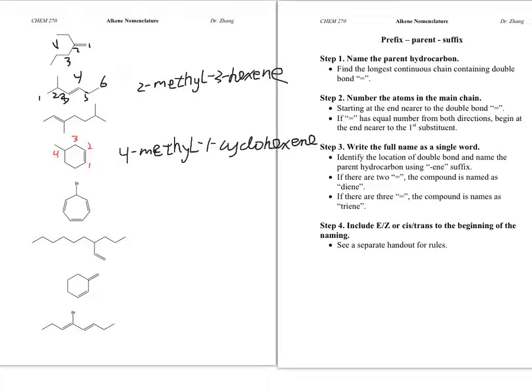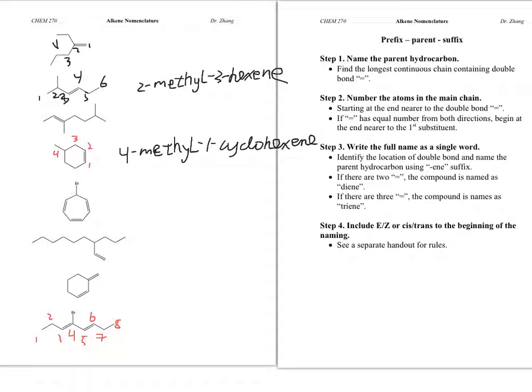Because of where the bromine is, you want to number your main chain from the left as 1, 2, 3, 4, 5, 6, 7, and 8. So this is an octadiene with a bromine substituent on carbon number 4.